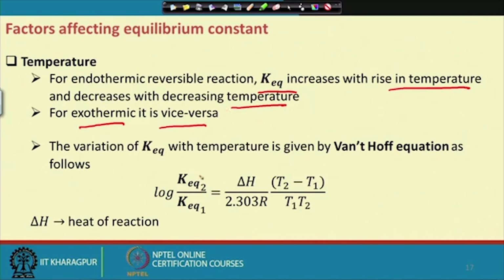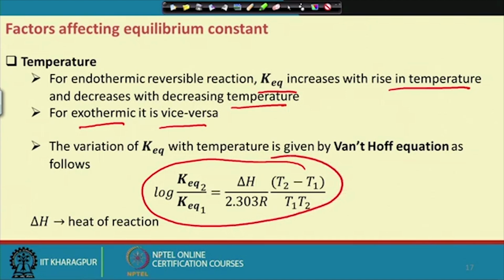Van't Hoff explained the effect of temperature on the equilibrium constant by this equation, relating the log of the equilibrium constants K2 and K1 at two different temperatures. This is the change of enthalpy, and R is the gas constant.